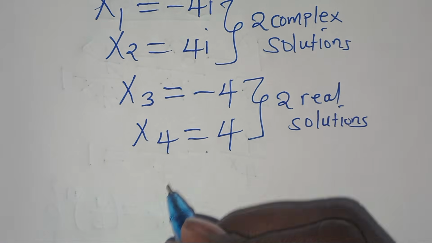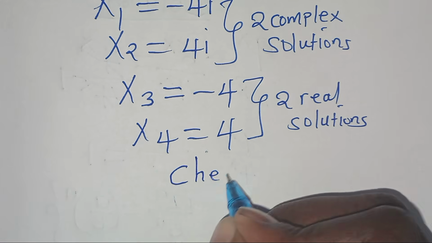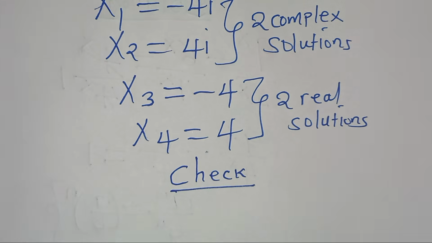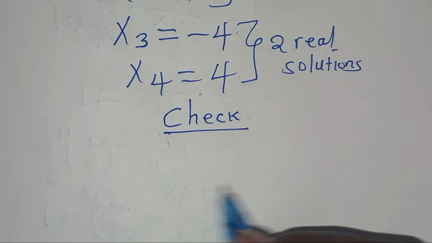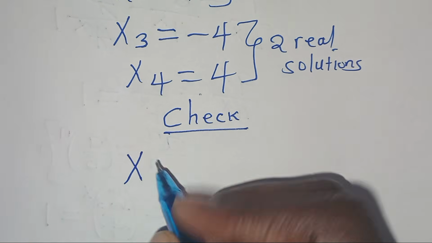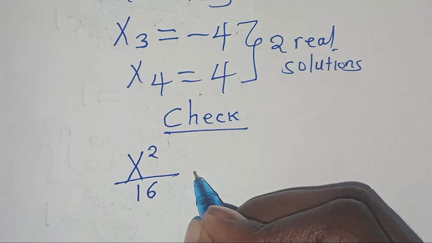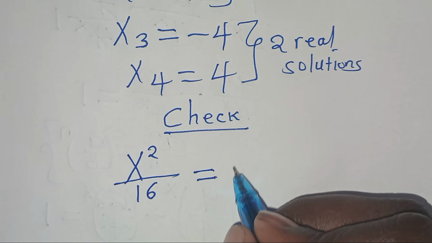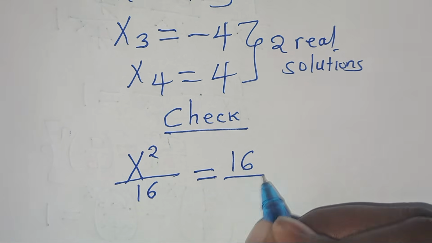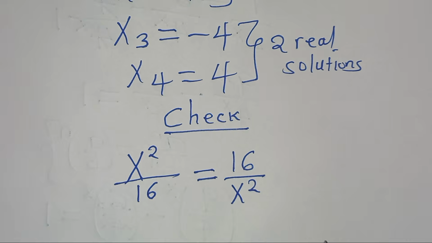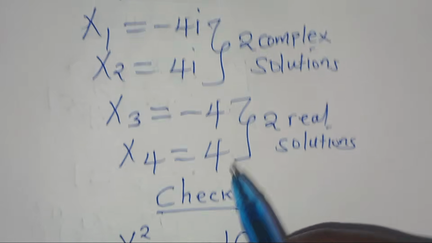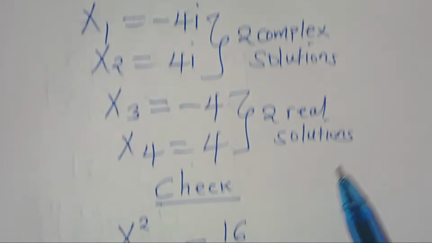Now let's check if these four solutions satisfy the equation. If you recall, we ended at x raised to the power of 2 divided by 16 is equal to 16 divided by x to the power of 2. So let's start with x1, which is -4i.